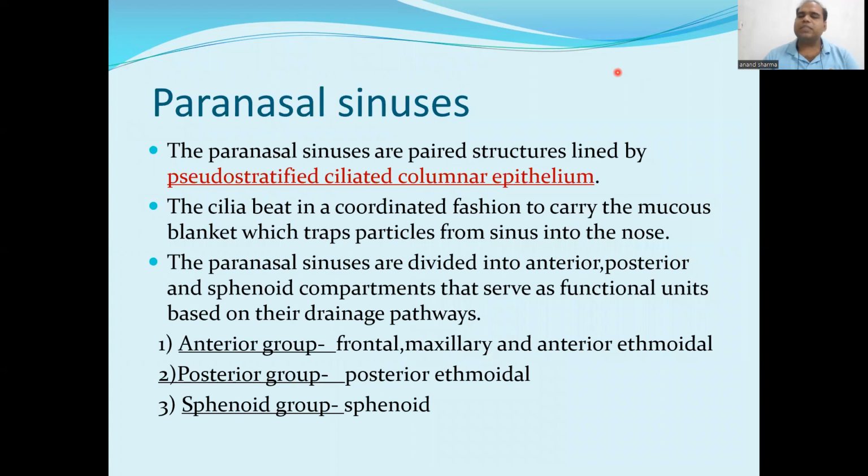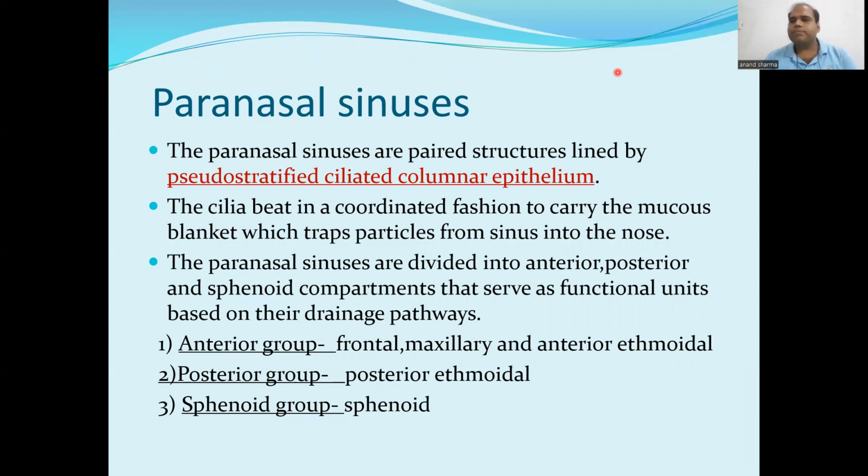Now the paranasal sinuses. These are the air-filled structures present lateral and superior, or around the nasal cavity. These are lined by pseudostratified ciliated columnar epithelium. The cilia beat the mucus blanket in a particular direction so that the mucus is excreted out from the sinuses.